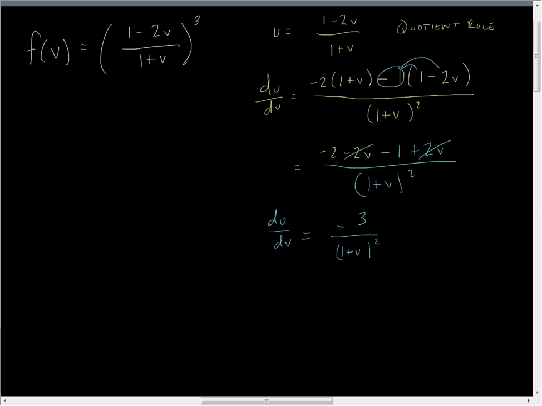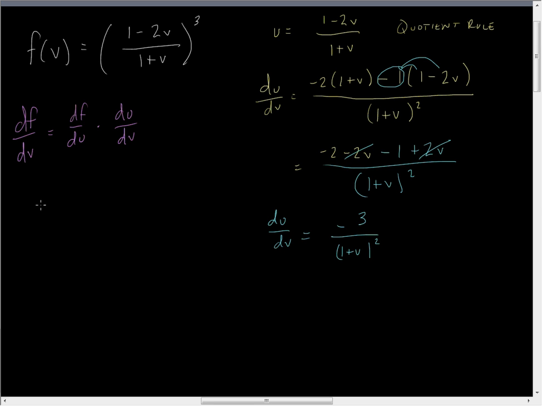According to the chain rule, though, df, the derivative of f with respect to v, is equal to df/du times du/dv. All right, well, we've already called u this thing inside.